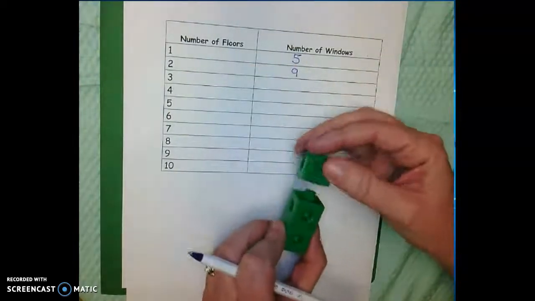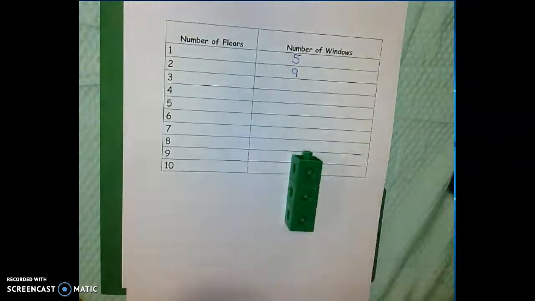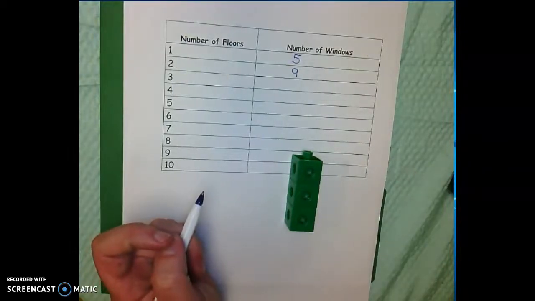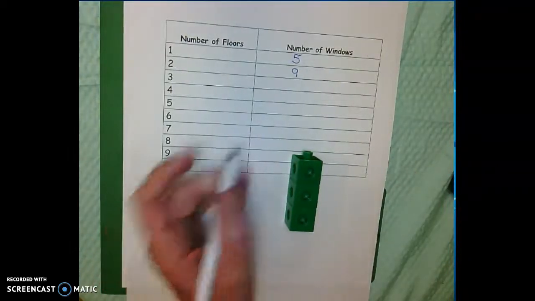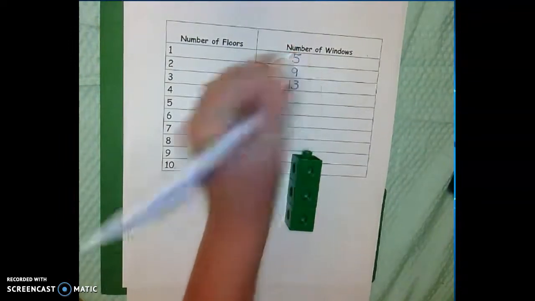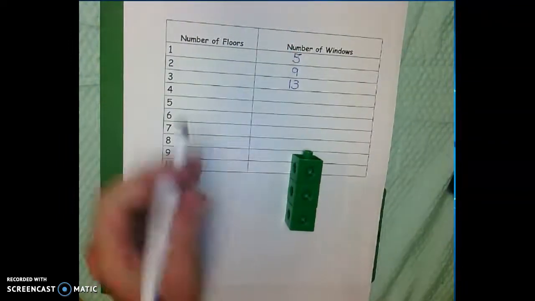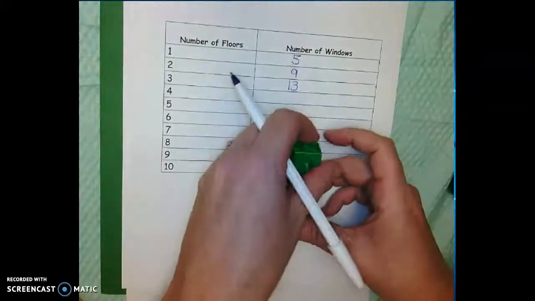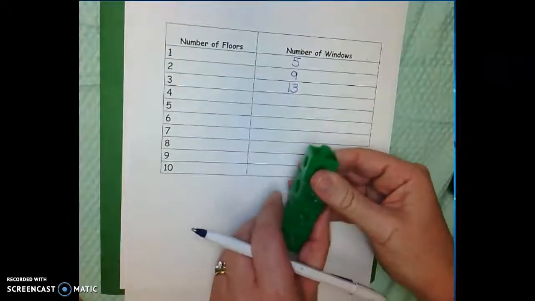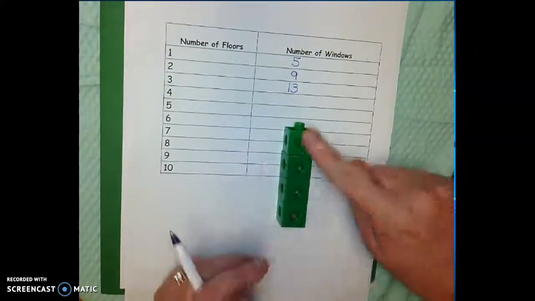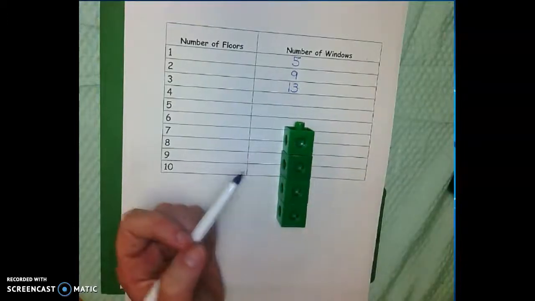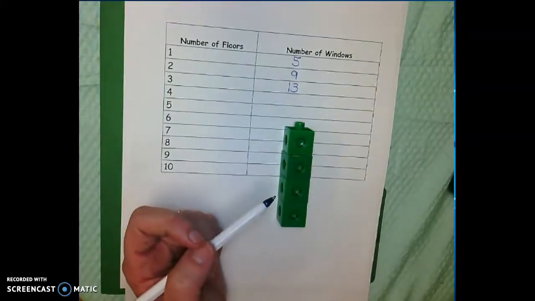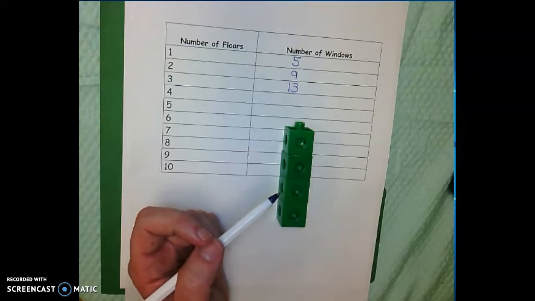What about with 3 floors? If you said 13, that is correct. What about if we add another one? We've got 4 floors. Remember, a cube has 4 sides. So how many windows do we have for 4 floors?